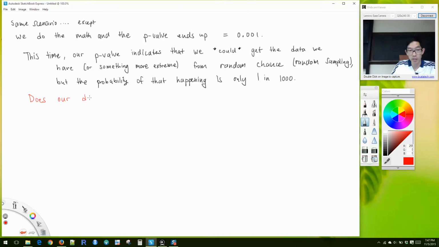And so my conclusion here, if somebody asks, does our data provide evidence against the claim that mu equals 120? This time my conclusion is yes.